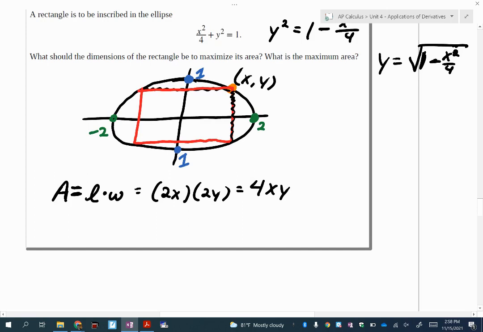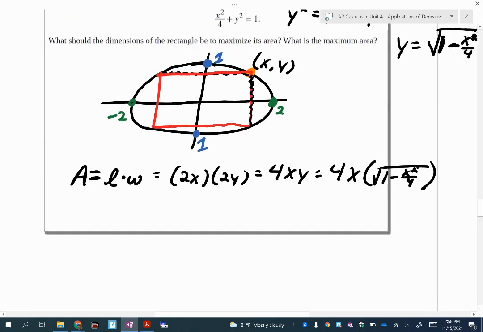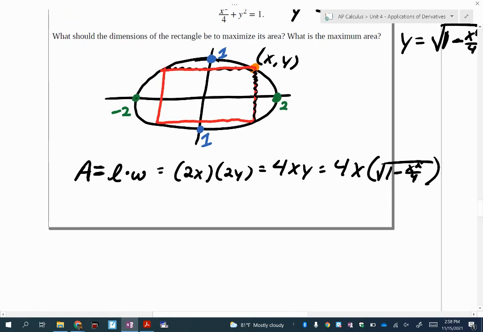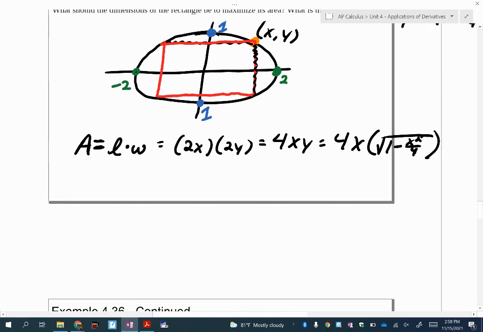Okay, so I'm going to replace that, and get 4x times the square root of 1 minus x squared over 4. So this is essentially the equation that I want to find the maximum of, or maximize, this area.